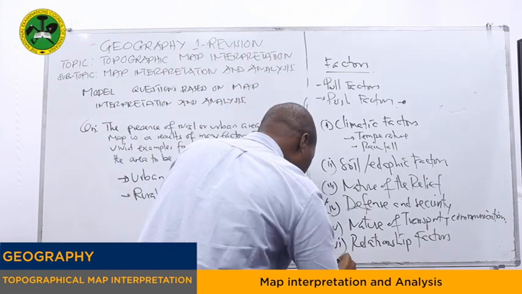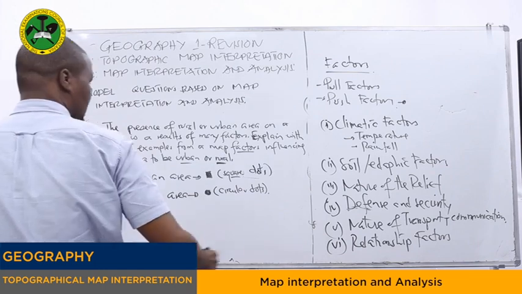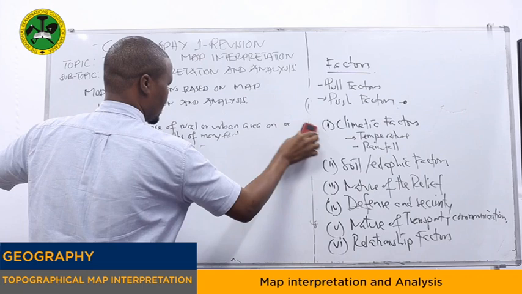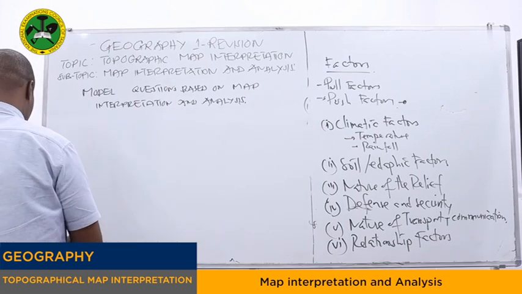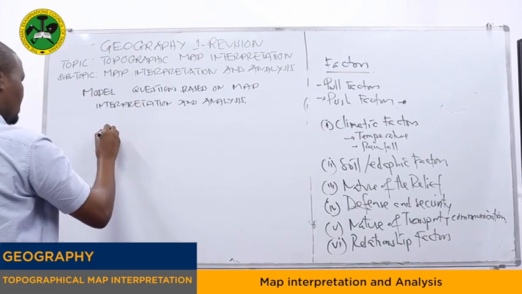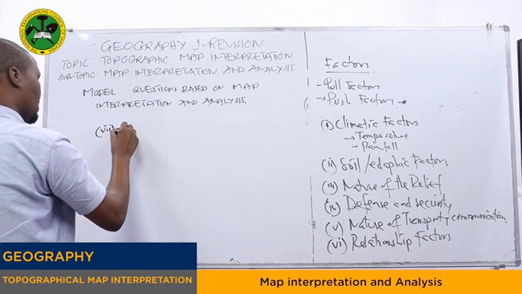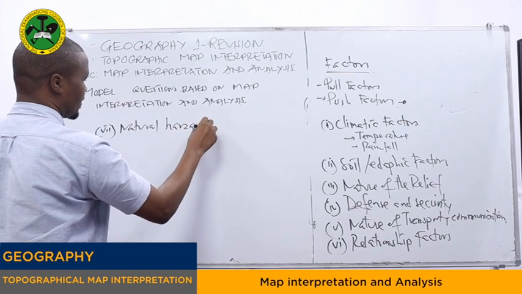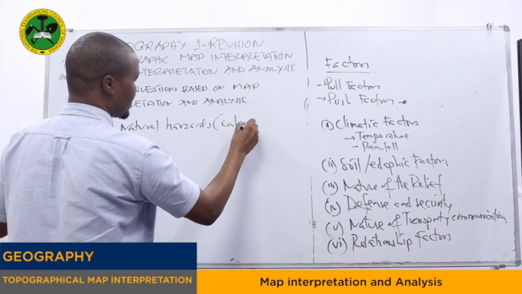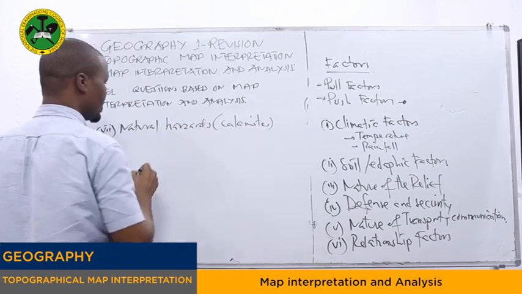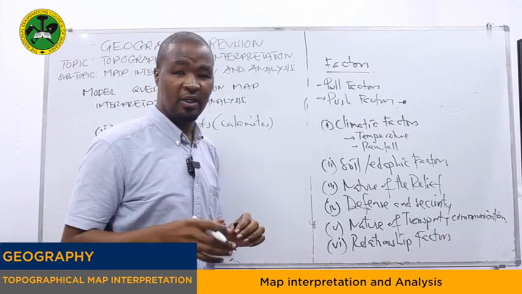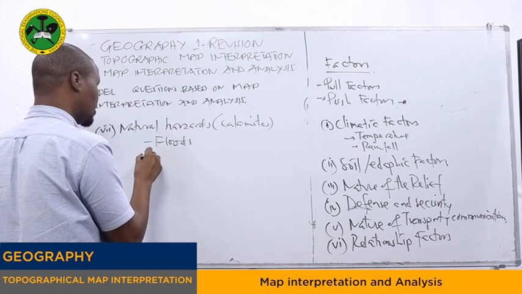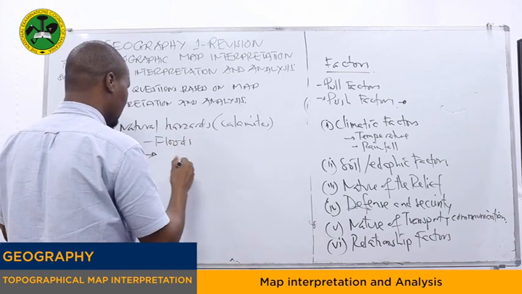Then we have other factors: natural hazards, or what we call calamities. The presence of natural hazards, for instance floods, may cause people to shift from the area of origin to somewhere else.